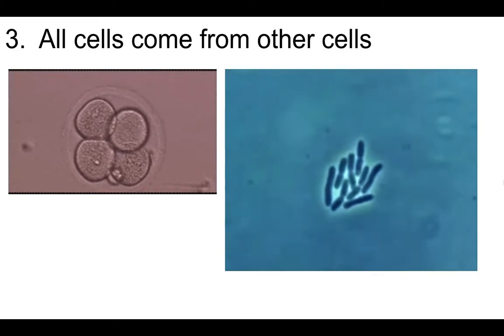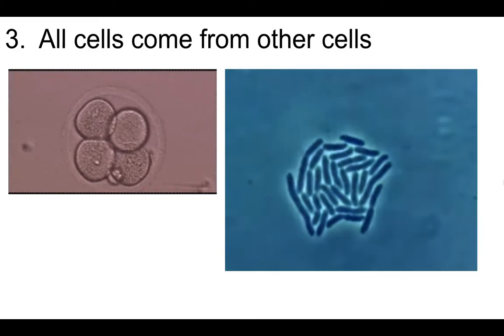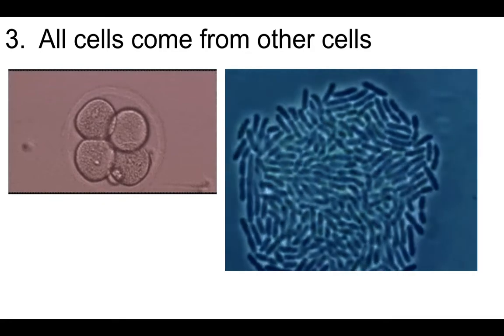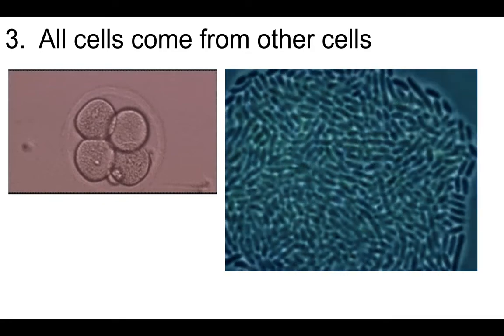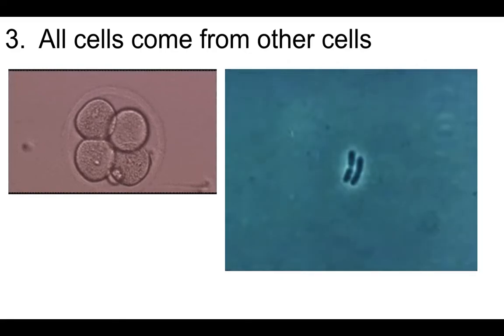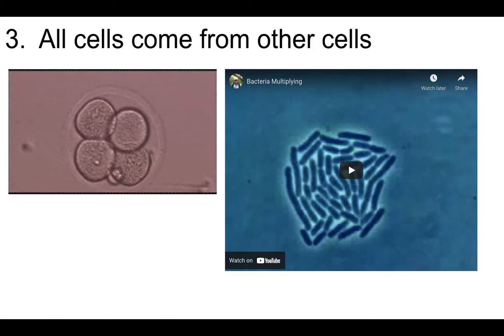Bacteria are single-celled organisms, but when they grow, they can duplicate their DNA, and then they divide in half, and that's how we get more bacteria. But the embryo came from a sperm cell and an egg cell, and those bacteria came from other bacteria that grew, replicated their DNA, and divided.